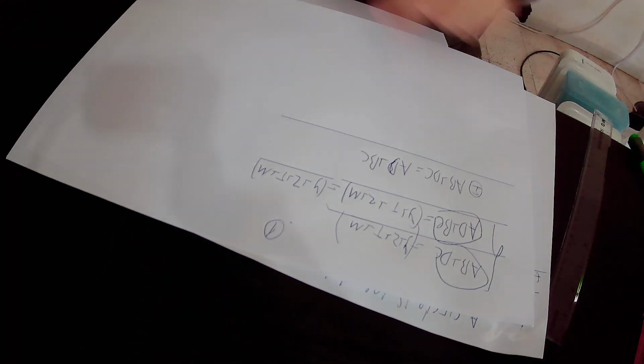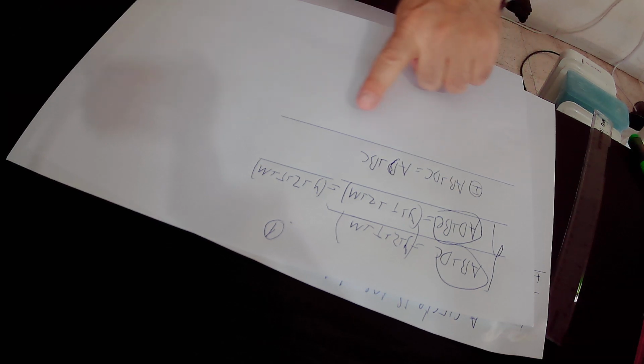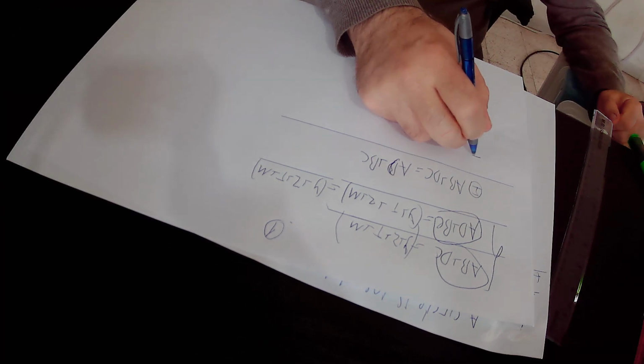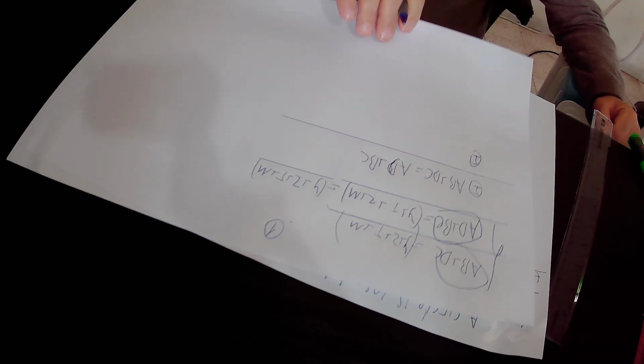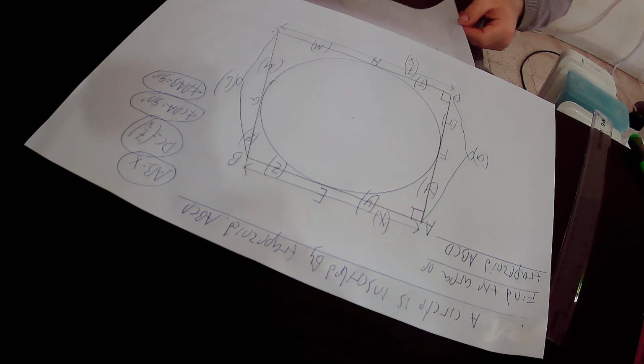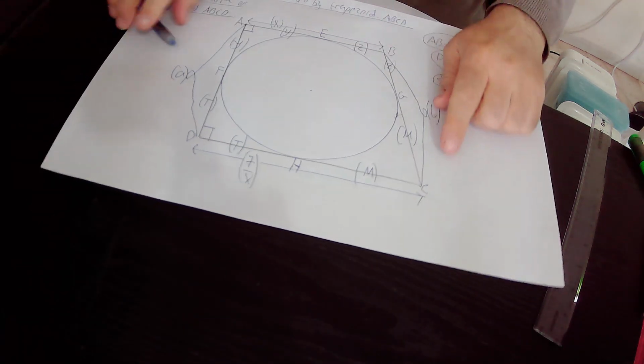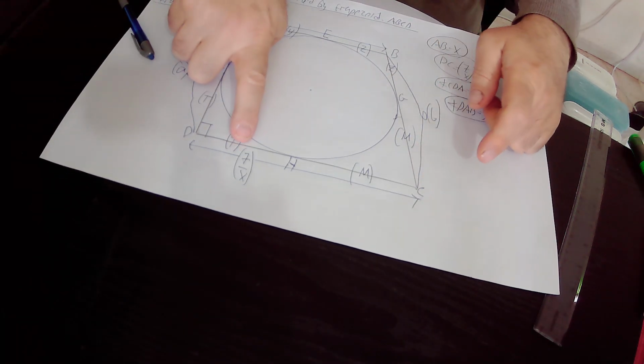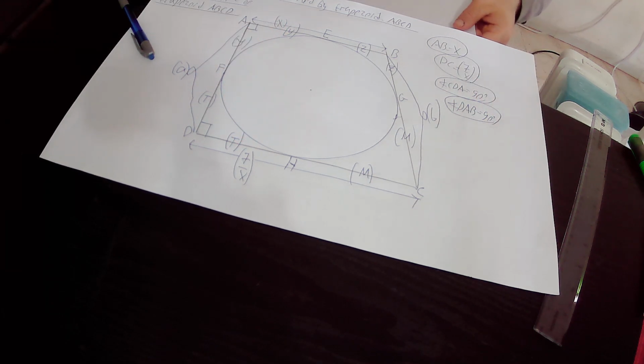So, according to equation 1, AB plus DC equals AD plus BC. AB equals X, according to what is given in the question, and side DC equals 7 over X, as given in the question.